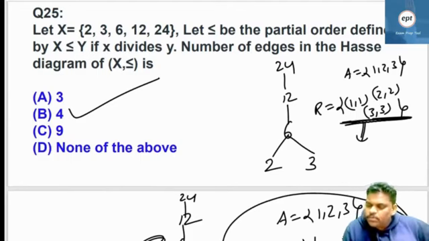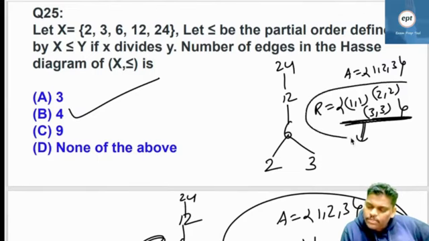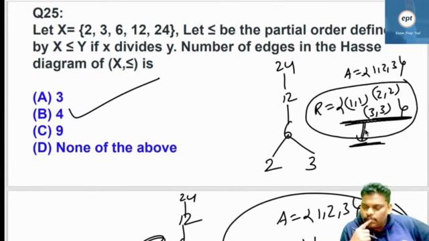It is irreflexive. Can you see this problem? It is symmetric, it is transitive, is it irreflexive? J, it is symmetric, it is transitive, it is irreflexive.